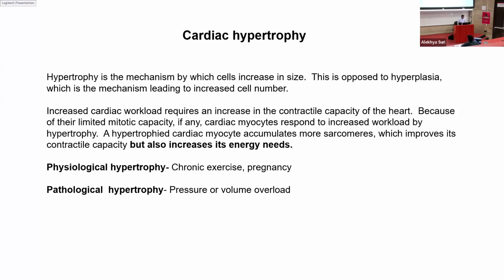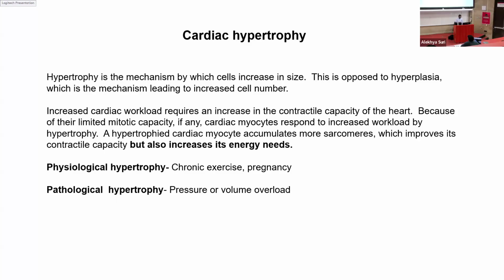So this hypertrophic process can occur in different conditions. Depending on that, if it is a pathological condition, it's called pathological hypertrophy. And if it is a physiological modification, then it is called physiological hypertrophy. The best examples of physiological hypertrophy are chronic exercise and also pregnancy. During pregnancy, the heart will enlarge, and that's mainly by physiological hypertrophy.